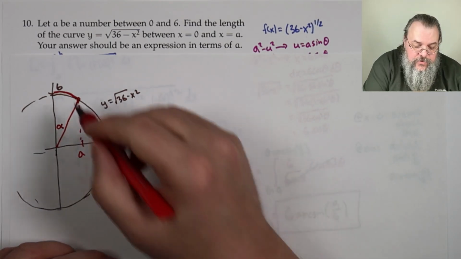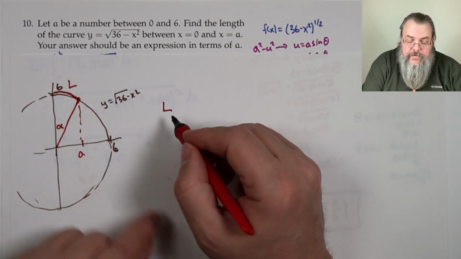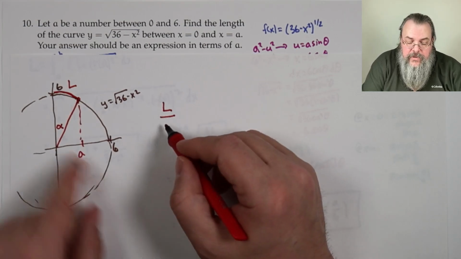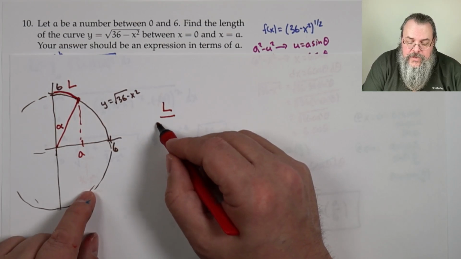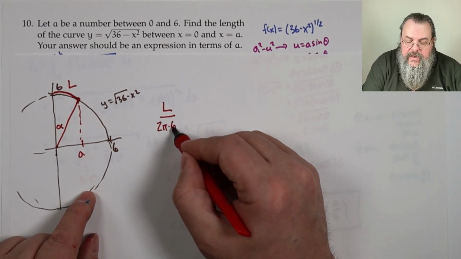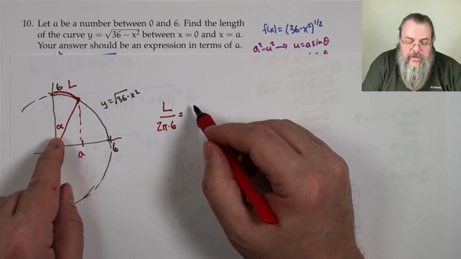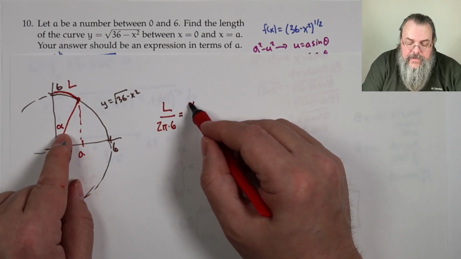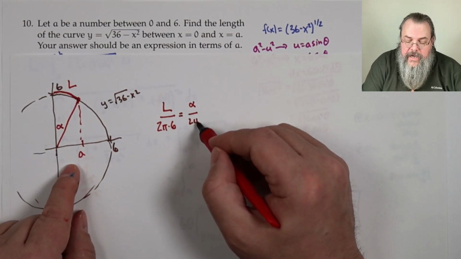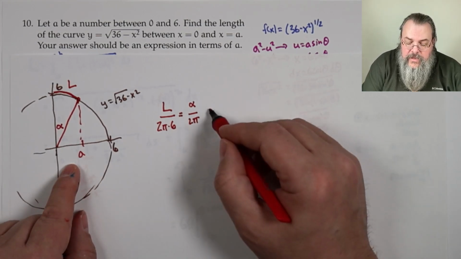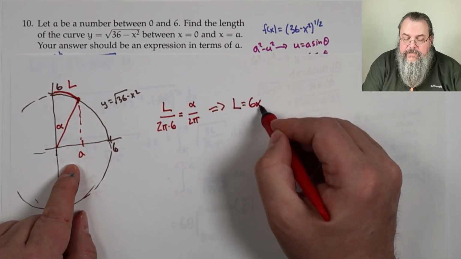Now what's true is that if we look at the length of that curve, divide by the total length around, so that's another name for the circumference, which is 2 pi times 6, well, that would be equal to the same as this angle alpha over a full revolution, over 2 pi. So that tells us that our length is equal to 6 alpha.